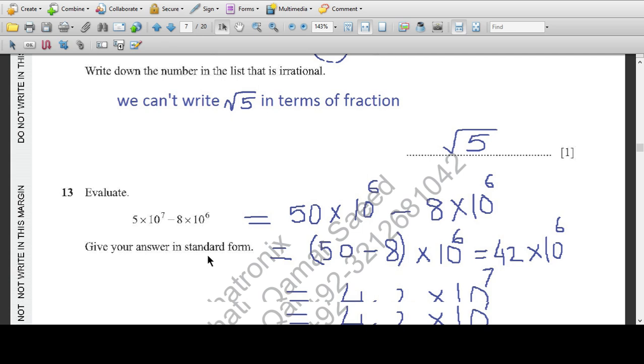Now evaluate 5 into 10 to the power 7, this is question number 13, minus 8 into 10 to the power 6. So we will drop this 1 here. So it becomes 50 into 10 to the power 6. Now we can take 10 to the power 6 common, and 50 minus 8 is 42 into 10 to the power 6.